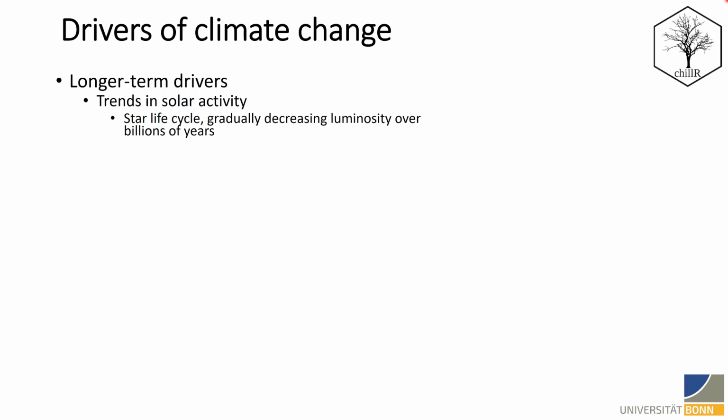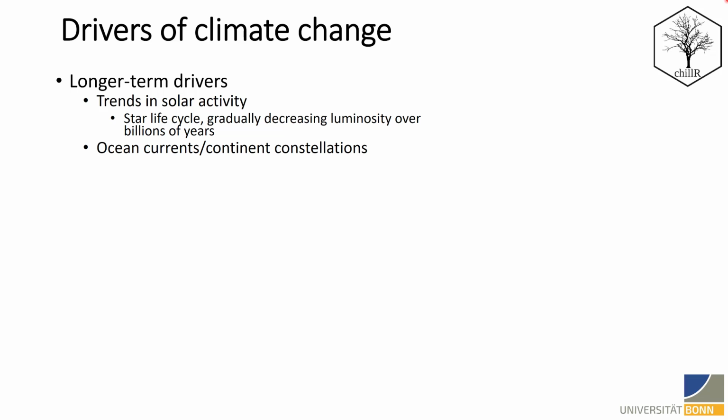So also our star is gradually decreasing luminosity, experiencing decreasing luminosity over billions of years. Since our planet is a few billion years old already, this has certainly left a mark, but it's not really closely related to the climate change we're seeing now.